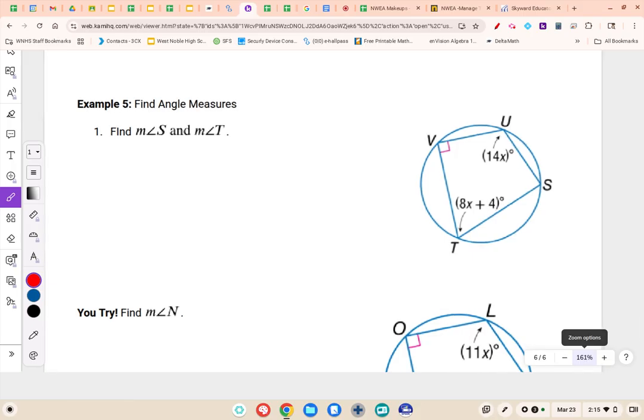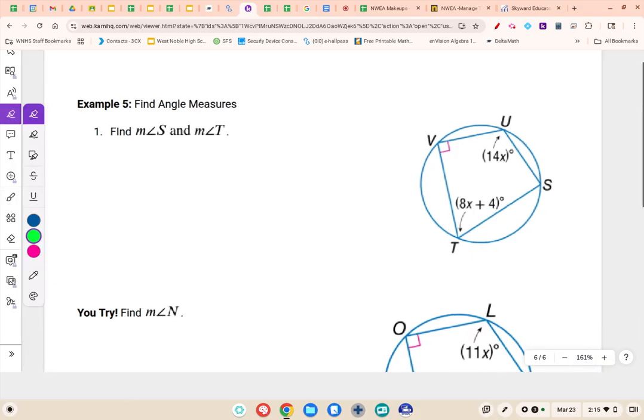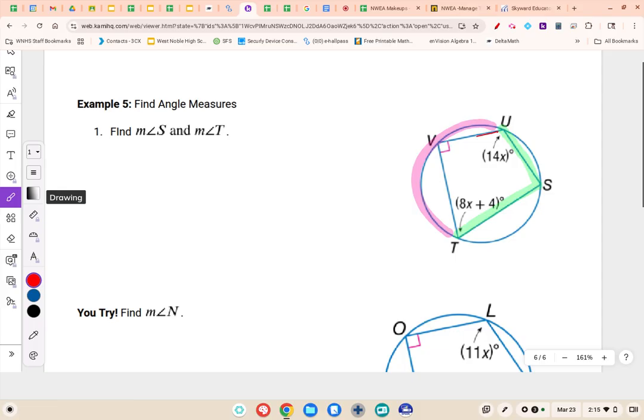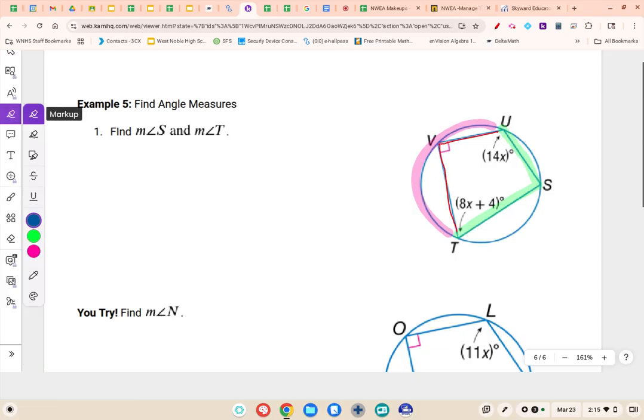If we think about this, we know that this angle has this intercepted arc, and we know this angle has this intercepted arc. So their intercepted arcs work together to make the full circle. And since our angles are half of the arc, that means these are supplementary.